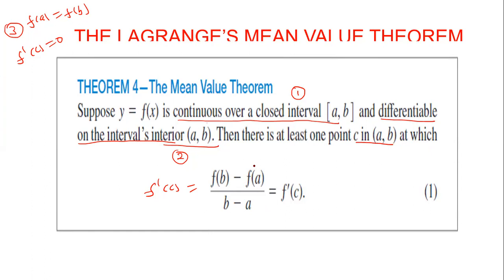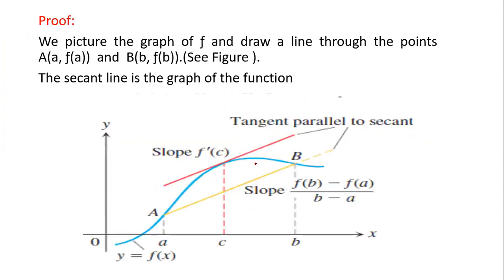Now we have to prove this Rolle's theorem. How to prove it? See the proof. We picture the graph of f and draw a line through the points A(a, f(a)) and B(b, f(b)). That means a and b are two points on the given curve.